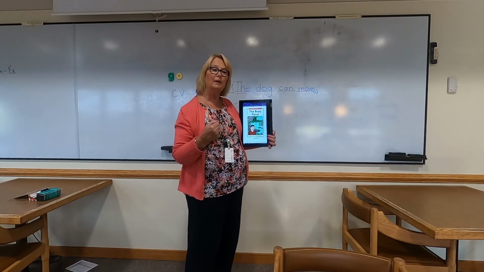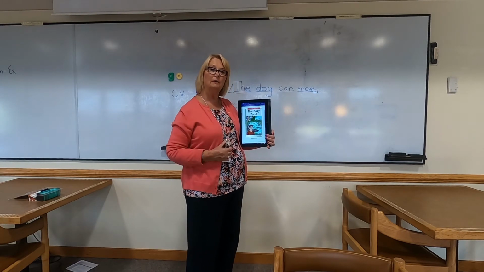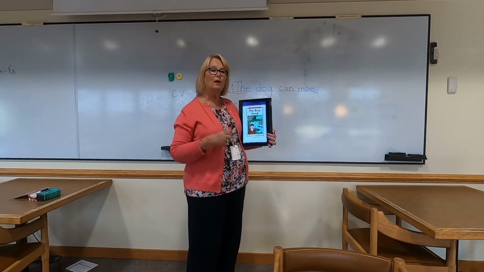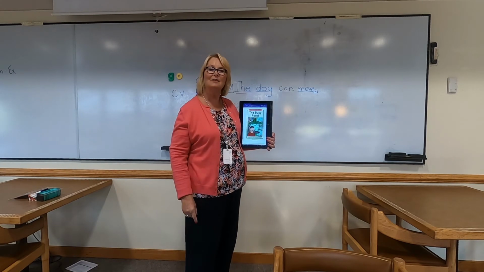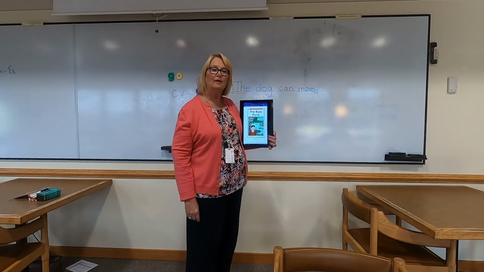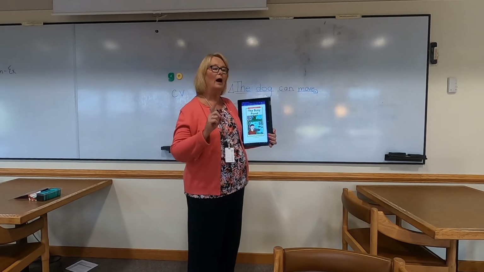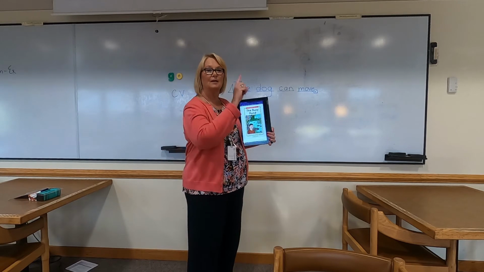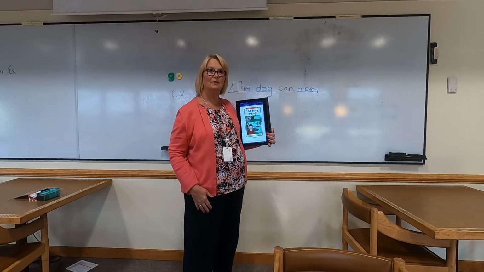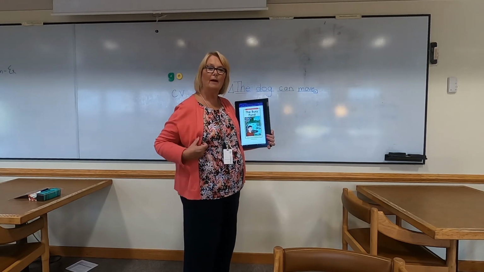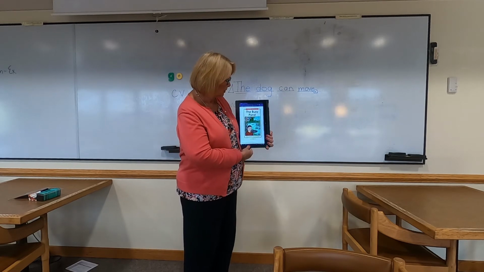As we're reading along, if you notice one, you might want to just make note in your head: that's an open syllable, that's a consonant vowel word. Or, ooh, I can figure that one out because it's a consonant vowel consonant. See if you can figure them out when we get to those words in the story.